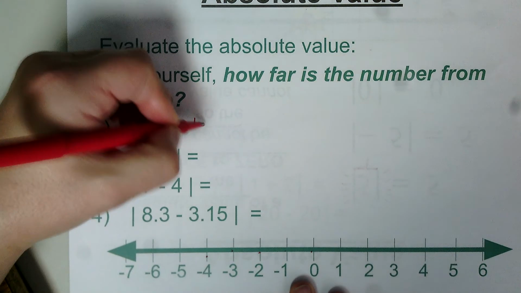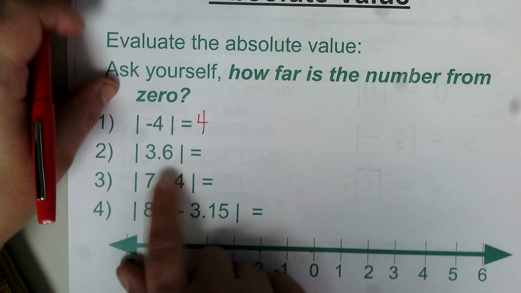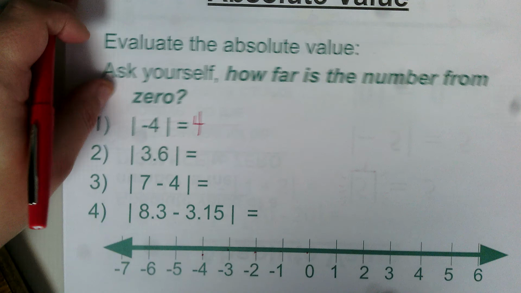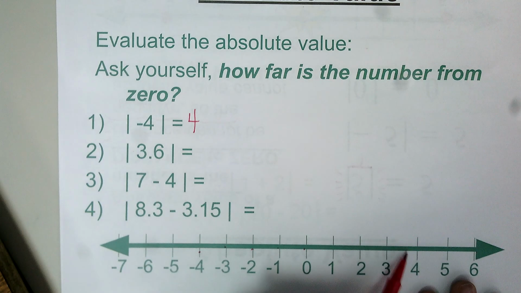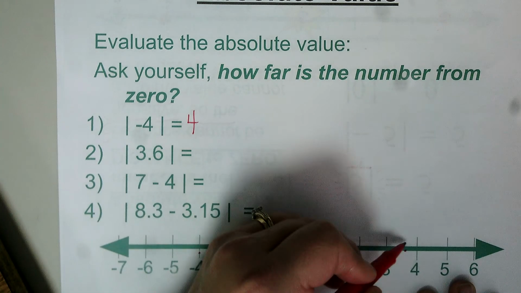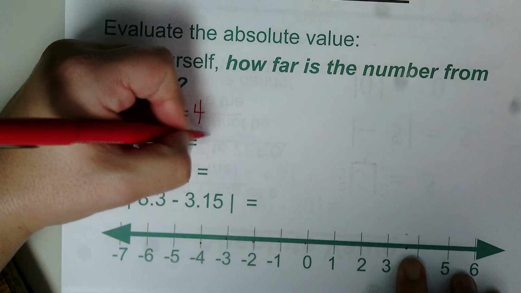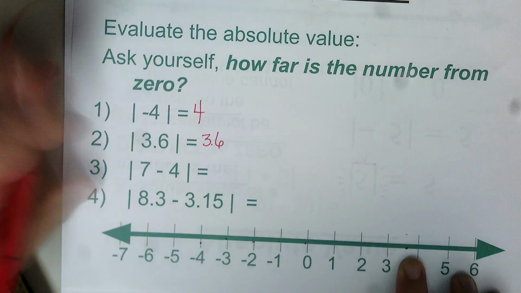So it's 4 places. Okay. 3.6, what is the absolute value of 3 6/10? Well, 6/10 is right about there. If you look from 0 to 3 6/10, you are 3 6/10 places away. So 3 6/10.